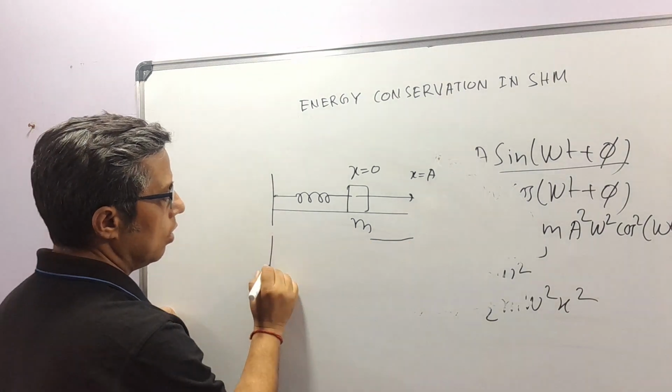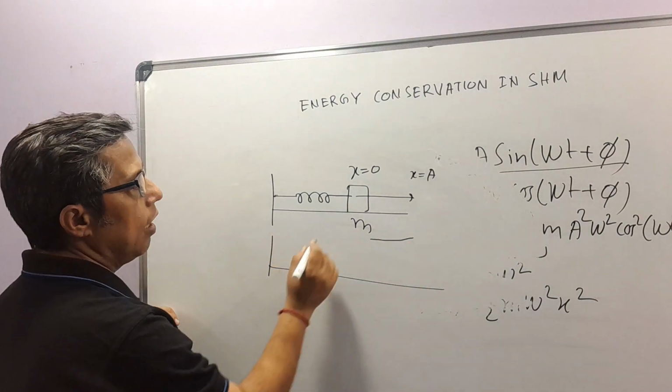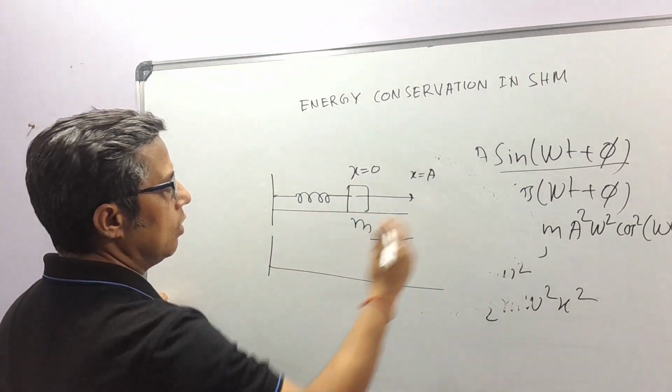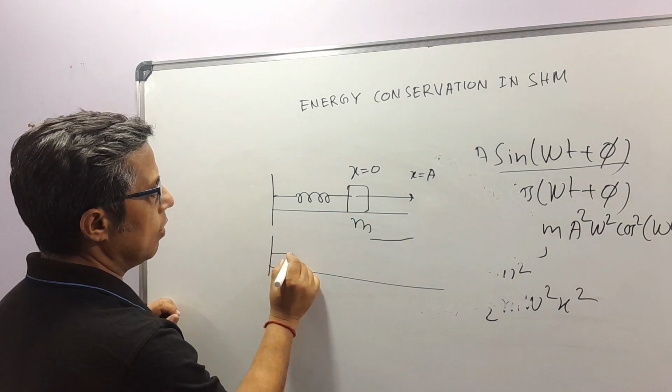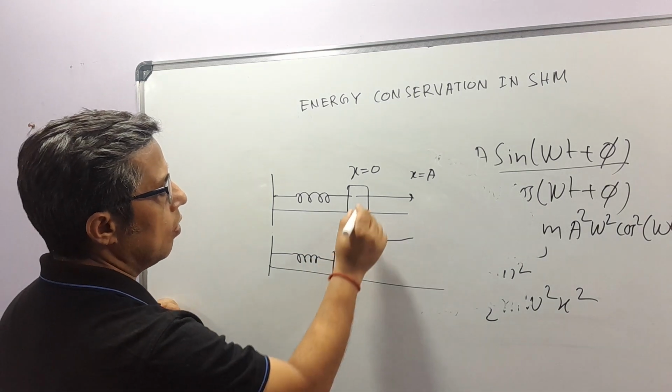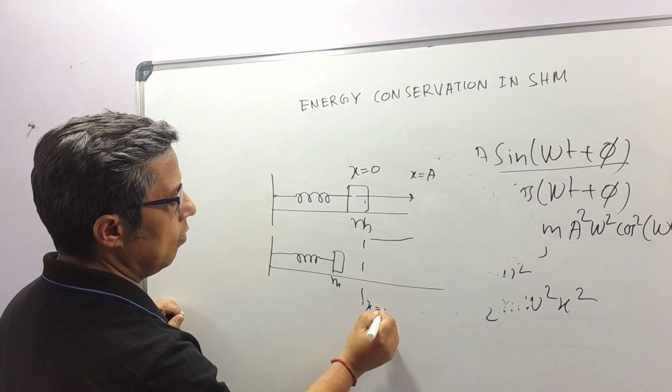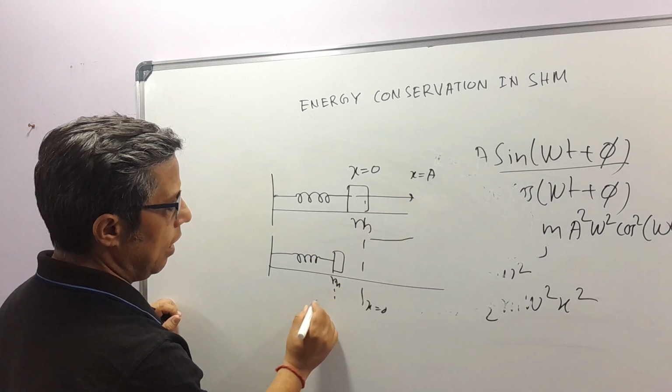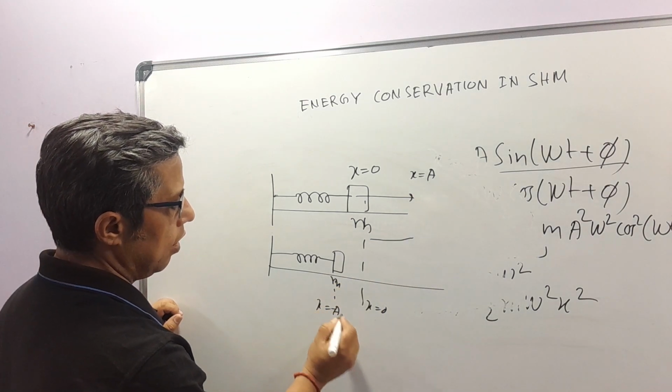The next one we can draw like here, it's the stretch part. Again, it will compress, right? Compress to this position. So if this is x is equal to 0, this is x, and this is x is equal to minus a. Right.